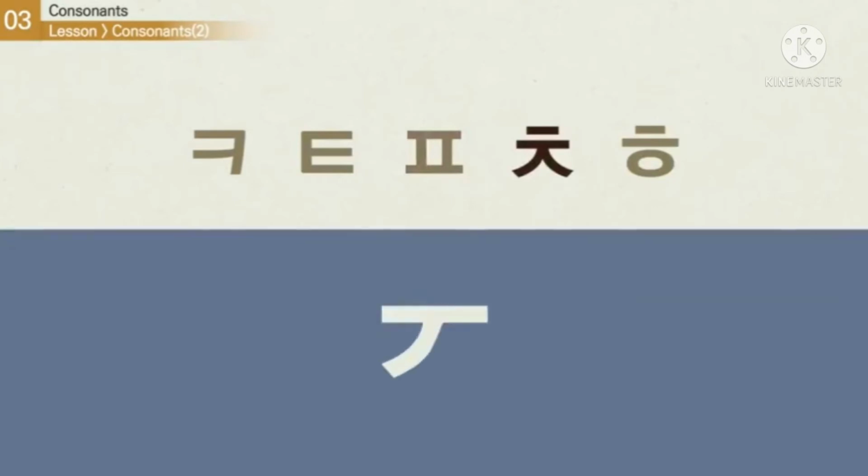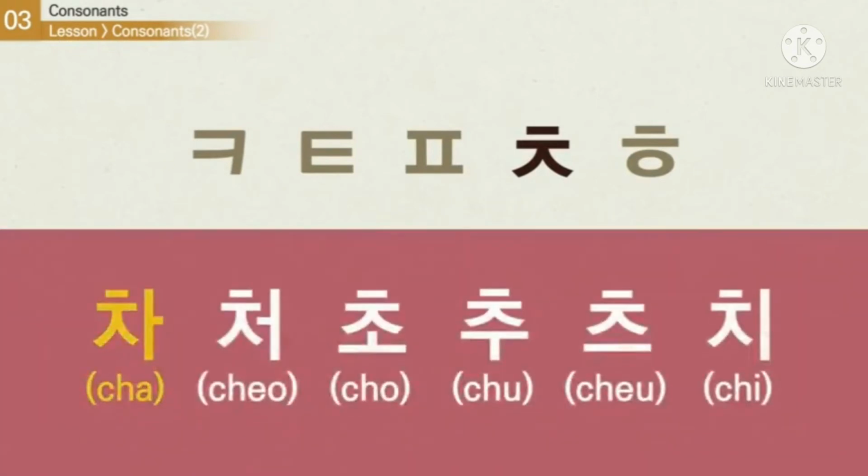Chiut is made by adding an extra stroke to the top of tiut. It also requires you to push more air out, making a stronger sound. Listen carefully. 차, 처, 초, 추, 츠, 치.